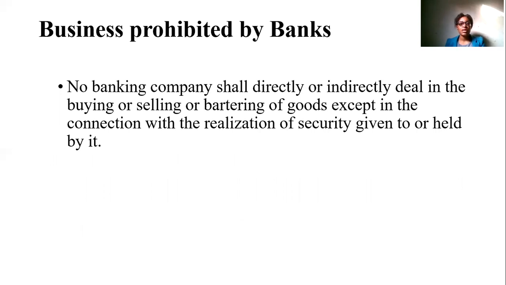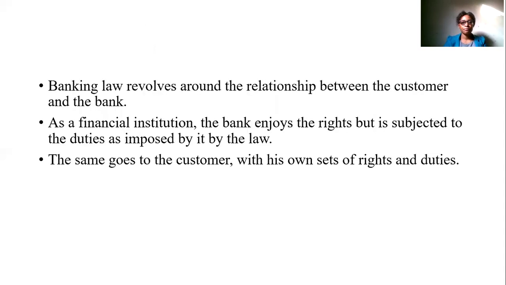So this is the only prohibited business that the bank has. Okay, so no banking company is allowed to directly or indirectly deal in buying or selling or bartering of goods except in connection with the realization of security given to or held by it. Okay.